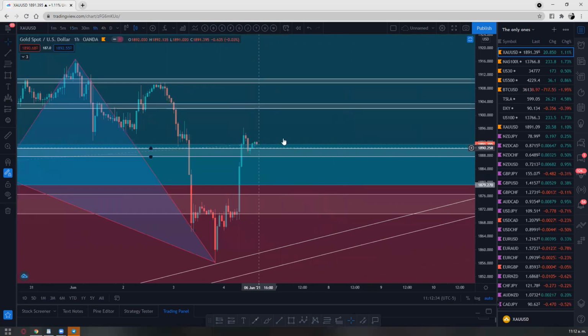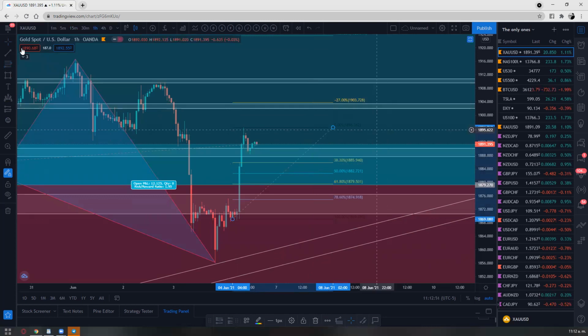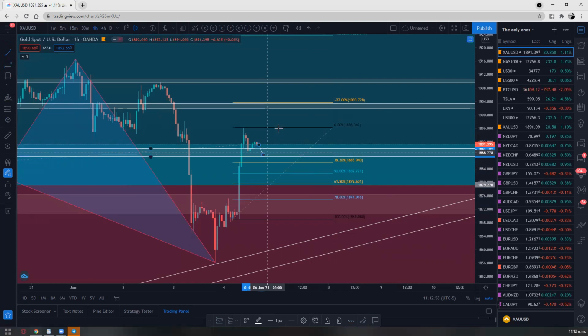It might be consolidating in this zone, or it might even drop a little bit more to touch this 38. I'm pretty sure the price is going to do this. It's going to maybe mess up on Monday, something like that. And at some point, one candle will drop to touch the 38.20 before pushing up. Okay, I think that's what it's going to do.